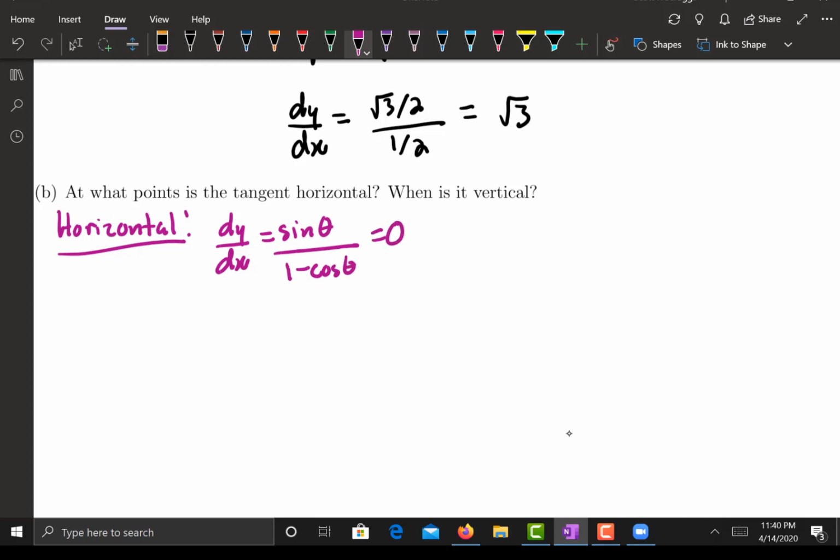Well, that means the numerator has to equal 0. So sine of theta equals 0. Well, not only that, I do have to be a little bit careful, because keep in mind that I'm not giving any restrictions for x. So here's why I have to be a little bit more careful.